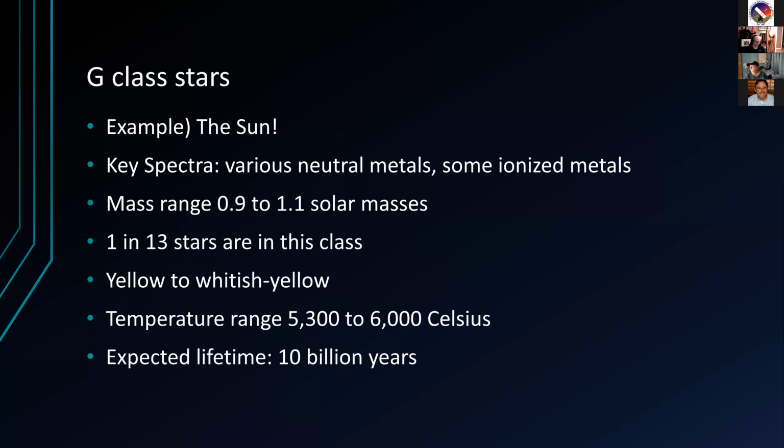So our sun is almost smack middle of the mass range of the G-class variants. About 1 in 13 stars are G-class stars. They typically have a white yellow to whitish yellow color, and surface temperatures of around 5,300 to 6,000 Celsius, with an average lifetime of around 10 billion years.